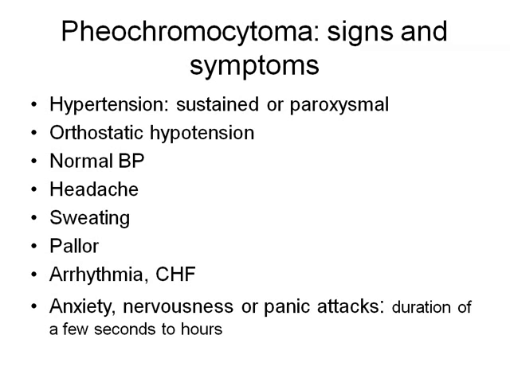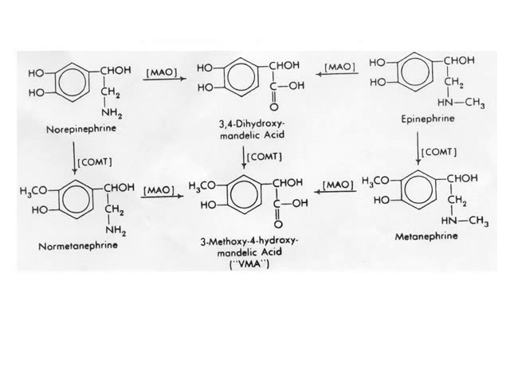evaluation. So you remember your catecholamines, norepinephrine and epinephrine, which are metabolized by catechol-O-methyltransferase to normetanephrines or metanephrines, and then oxidized by monoamine oxidase, MAO, to something called VMA.